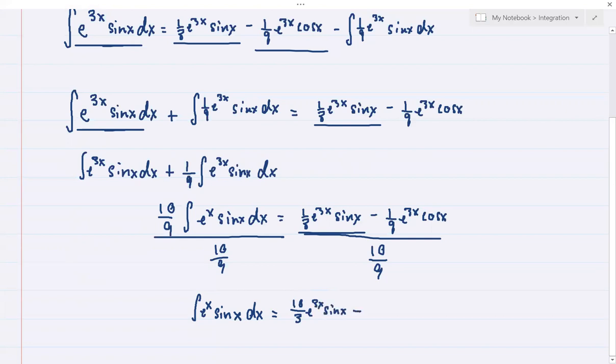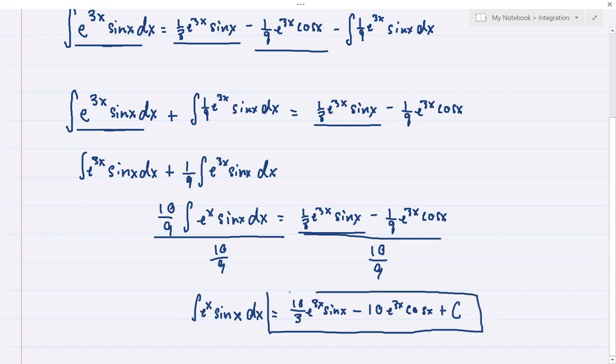And here we will have minus 10 times e raised to 3x times cosine x. And that will be now your final answer. That's basically how you apply the DI method. And there are three cases.